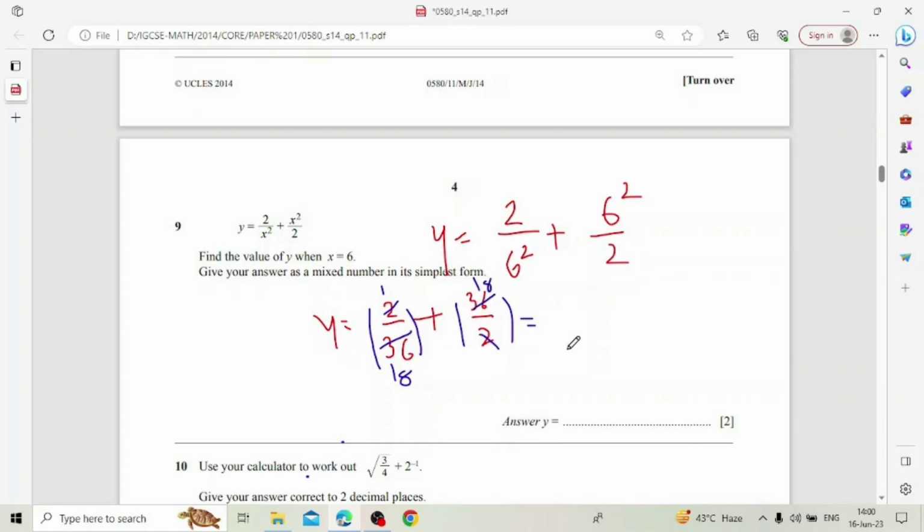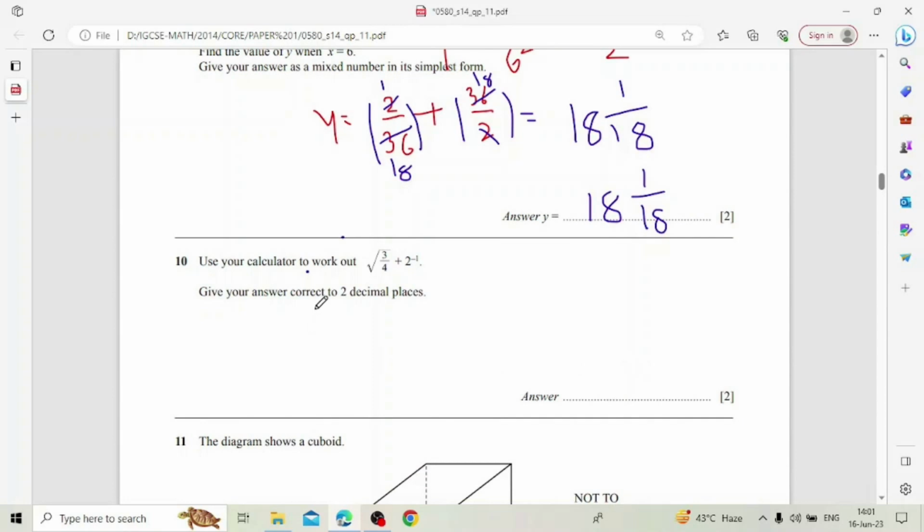Now what is the number left over for me? I cannot do further because it's 18 over 1, I can just write the number as it is, 18. This is the first one I'm writing over here. There is a plus, I can avoid that plus and write 1 over 18. This is the answer. So 18, 1 over 18.